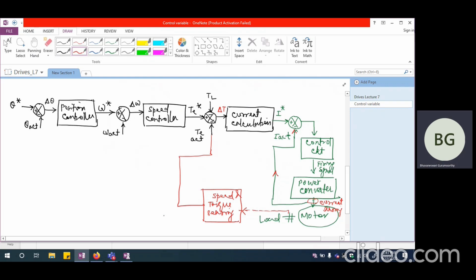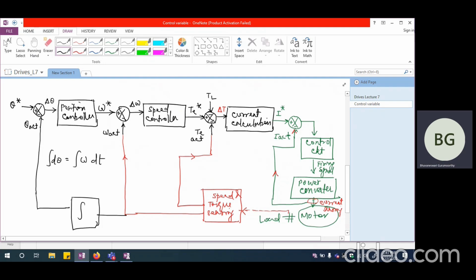And similarly, I will have the actual value of speed that is coming up in the coupling between the motor and the load. So this is the actual speed. Now, if I just integrate this actual speed, I should be able to get the actual rotor position, because after all, d theta equal to omega dt. So if I integrate omega over time, I should be able to get the actual theta.